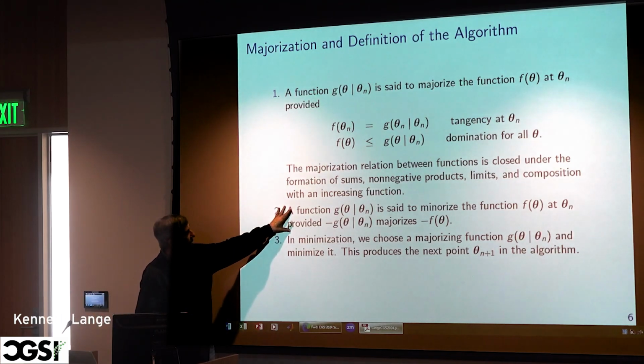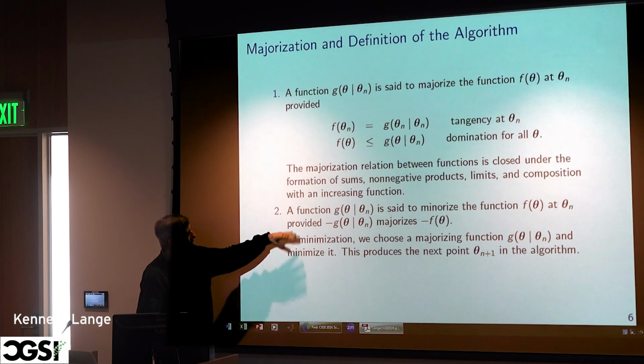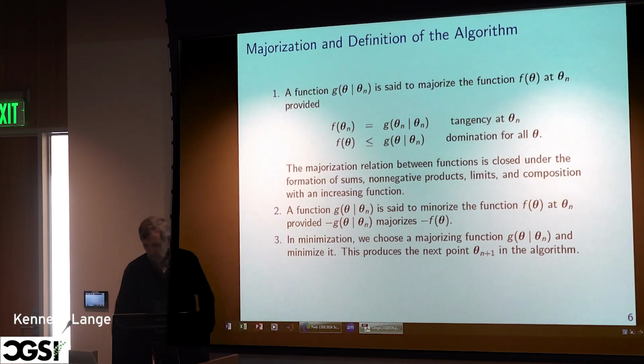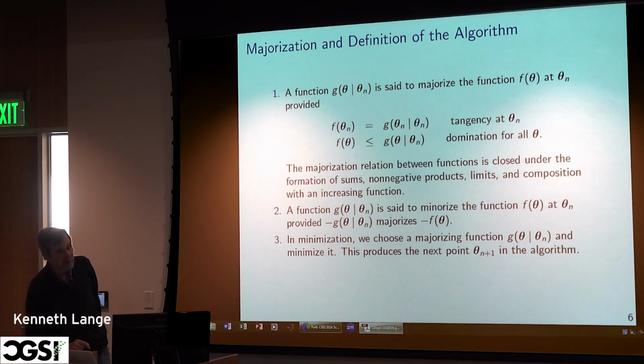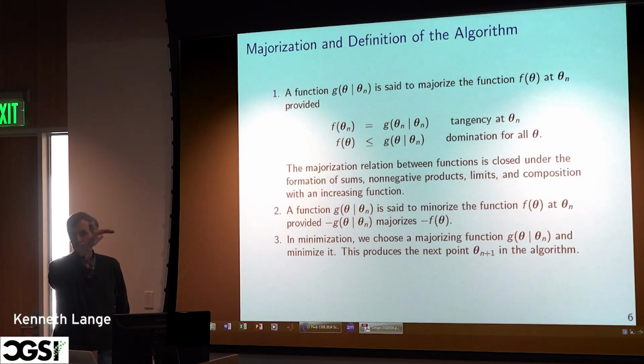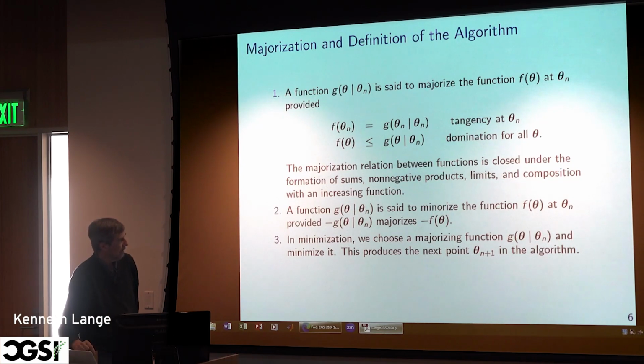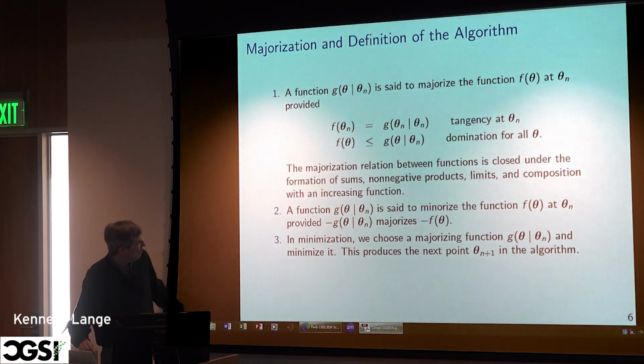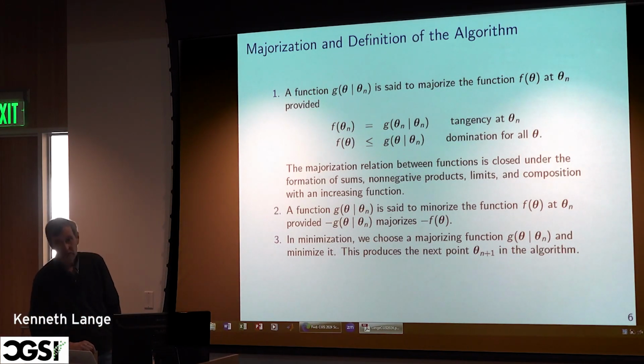So if you're maximizing instead of minimizing, you turn this around and you still have the tangency condition, but the domination condition, the inequality gets reversed. So your surrogate function falls below the objective when you're maximizing. Okay. And if you take the surrogate function and you optimize it on its left variable, you already know theta n, you don't know the theta n plus 1. When you optimize the surrogate, you get your next iterate.